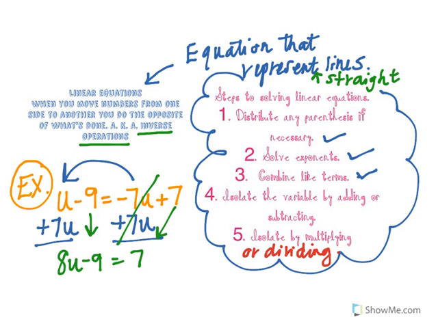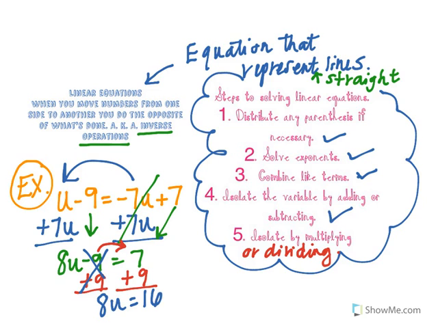Now I can move my number to the opposite side by adding. And again, that cancels out. And then I'm left with 8u equals 16.